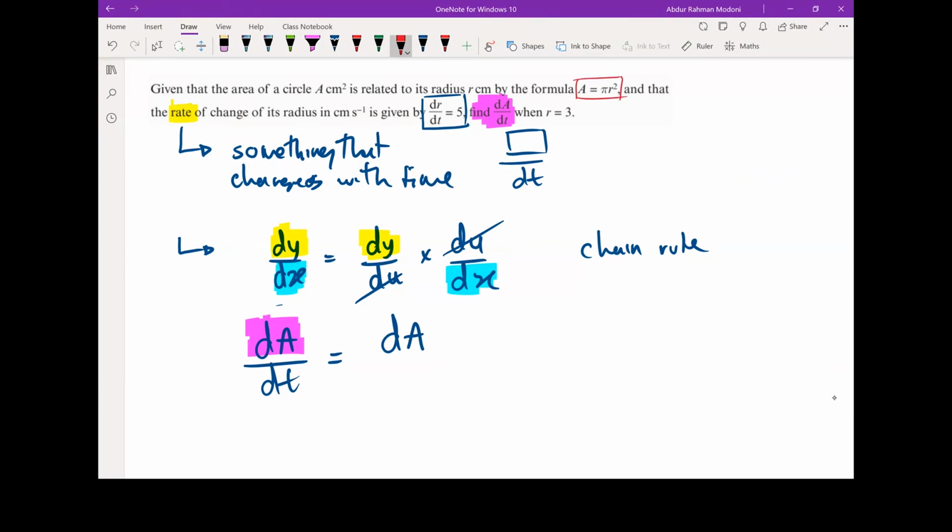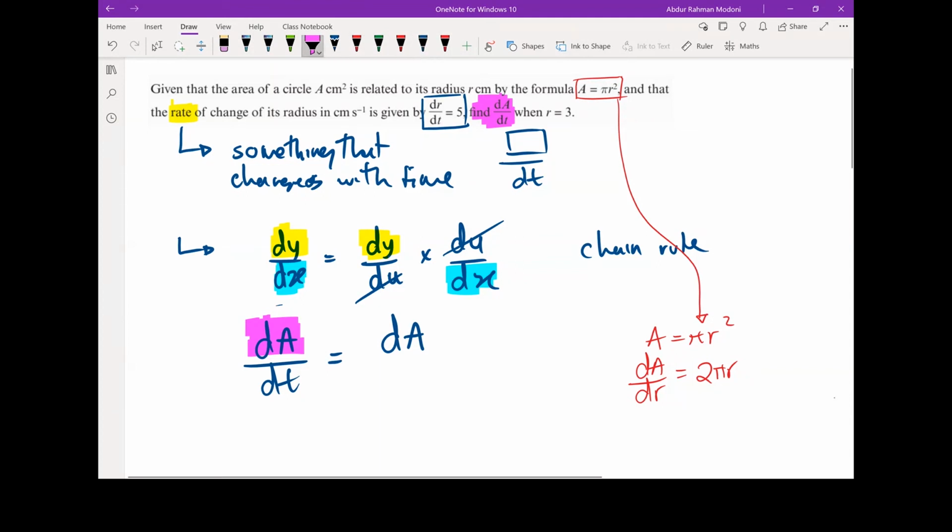So I can start off by saying A is equal to pi r squared, and differentiate A with respect to r. That gives me dA by dr is equal to 2 pi r. So here I've got a differential that involves dA, which is what I want, and I also want to end up with a dt on the denominator.